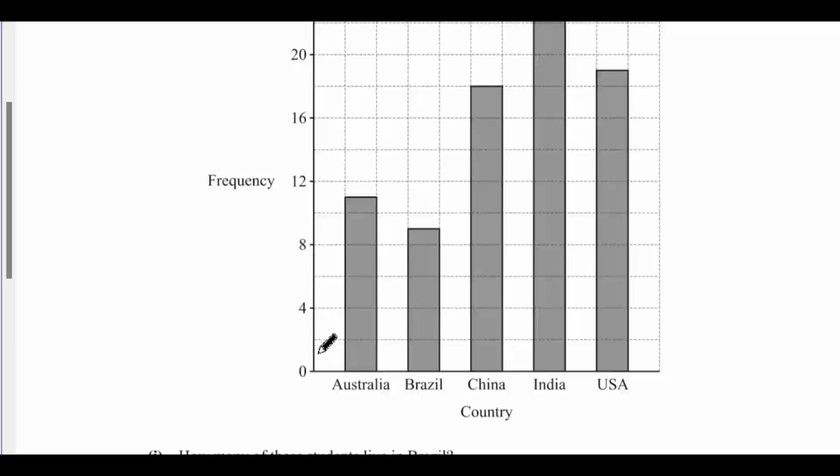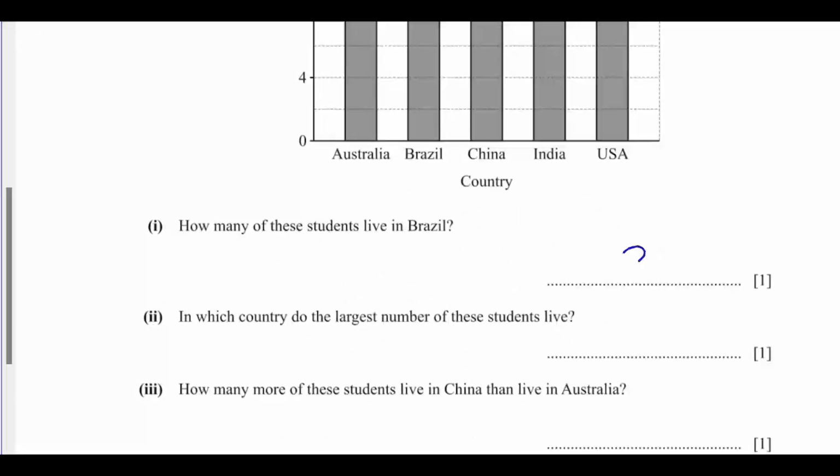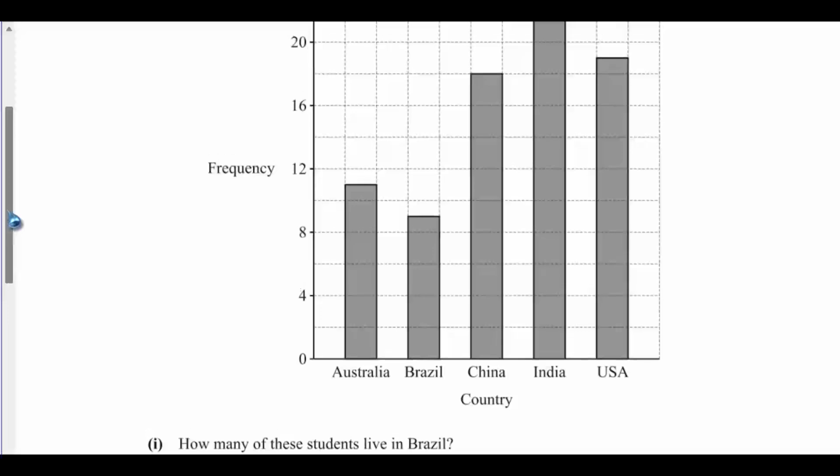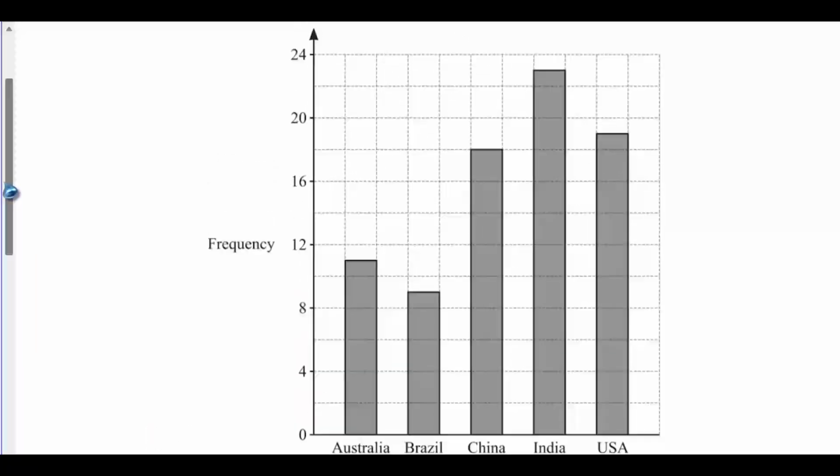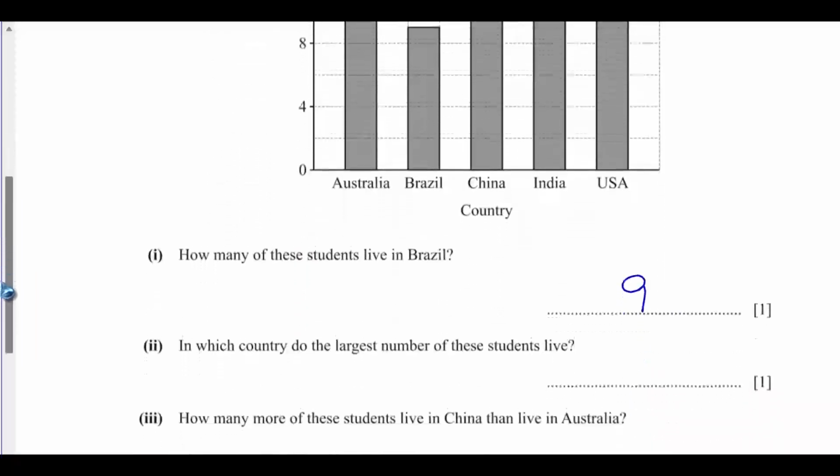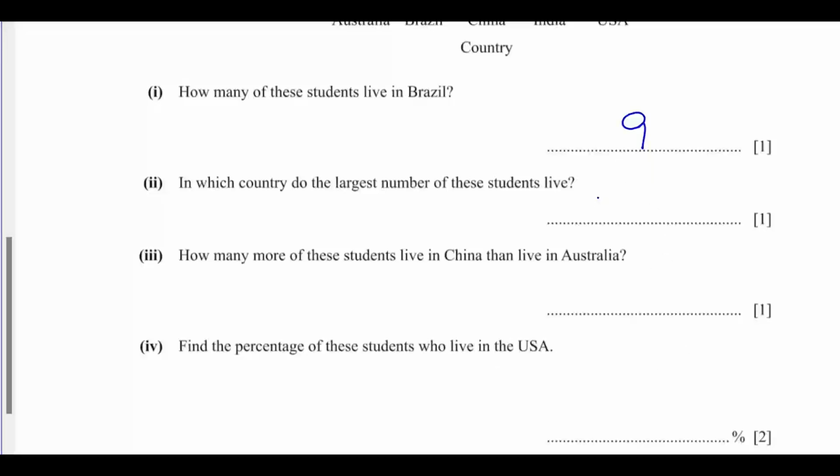Each step is 2, so this will be 9. Let's scroll down and write 9 here. In which country do the largest number of these students live? If you look at it very well, let's go back to the chart. That is India. So we have India as the answer here.